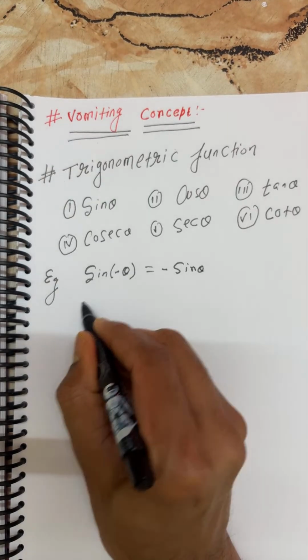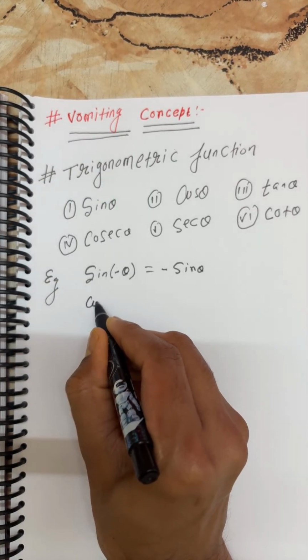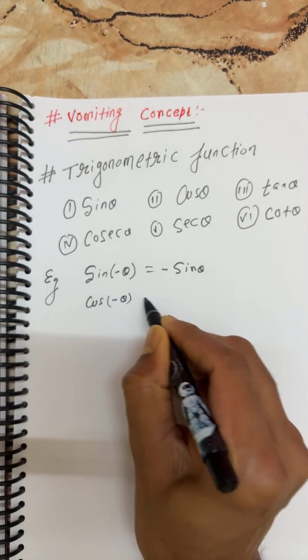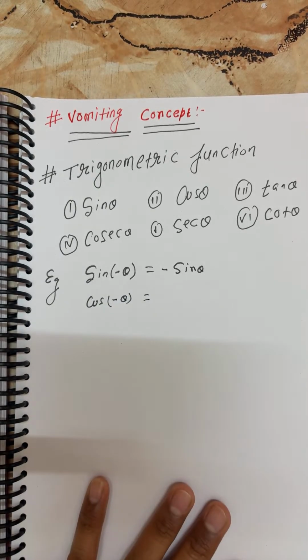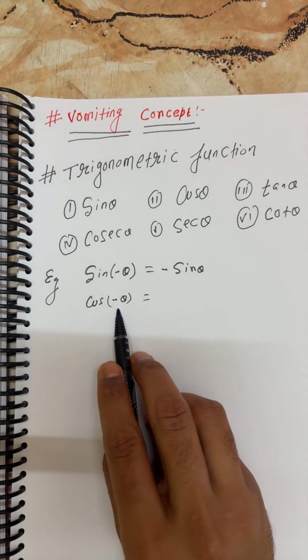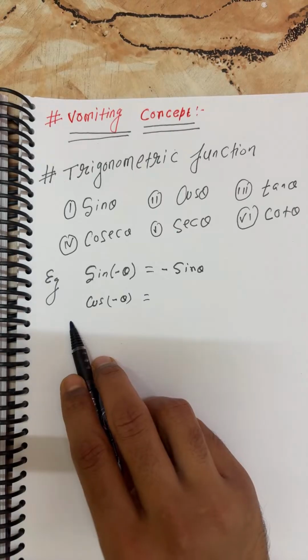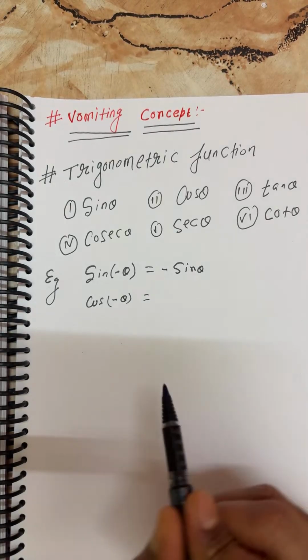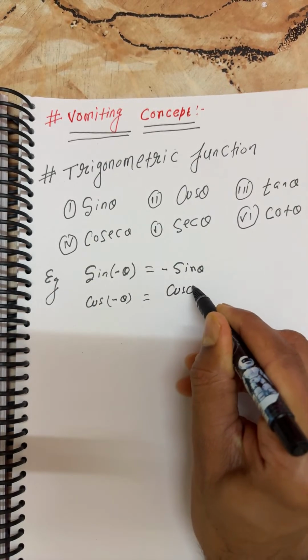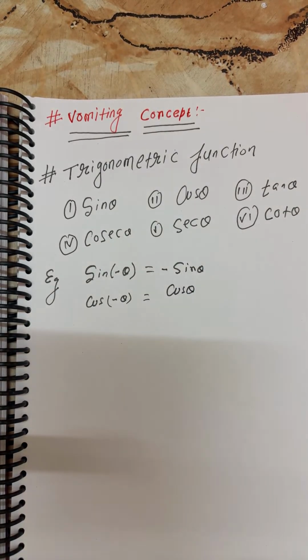Next, cos of minus theta will not do vomiting. They will digest the minus, so the minus will not come out. So this is cos theta.